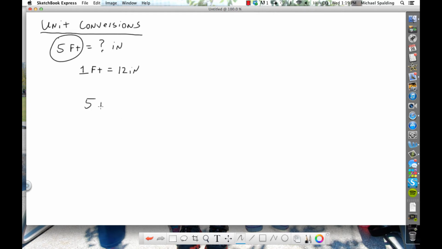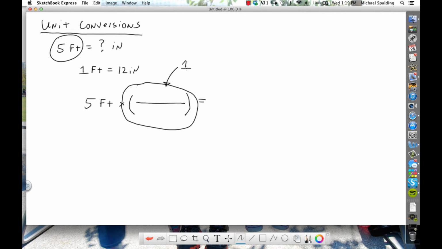So here's how you show the work. 5 feet, and then this parenthesis here is where you do the conversion factor. This conversion factor that I'm circling is basically like the number 1.